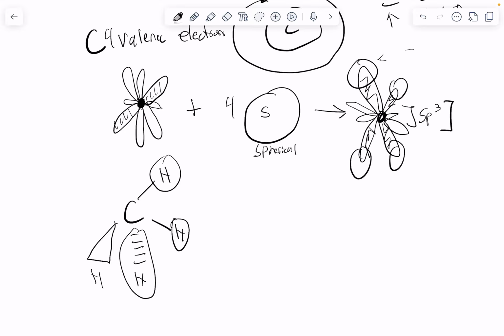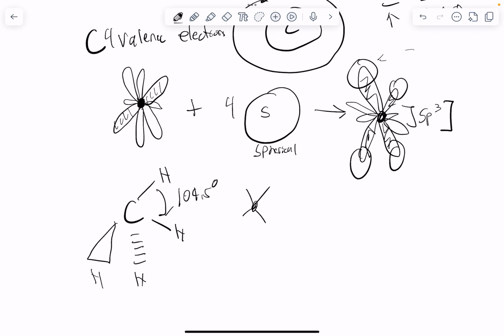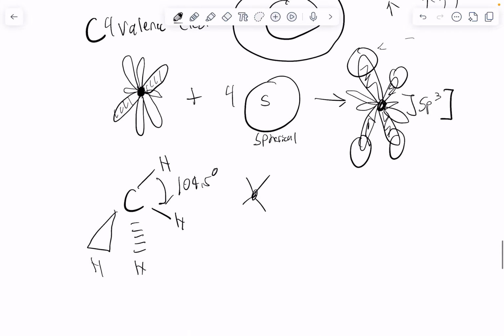This hydrogen is going behind the paper, and this hydrogen is coming at us, right? So it's kind of sticking out in all directions. And the idea is that we want to form the most efficient bond angle between these hydrogens. And that bond angle is 109.5. Right, so these hydrogens want to be equally spread out around the orbital, and they want the most space that they can from each other.